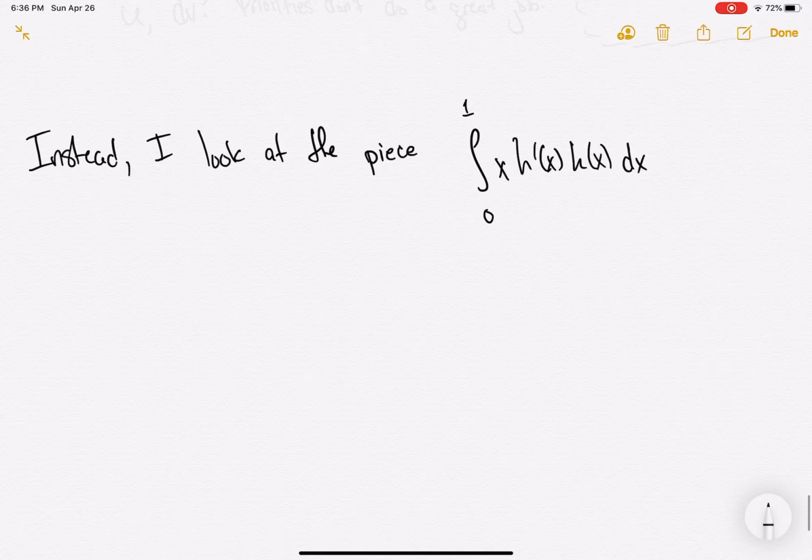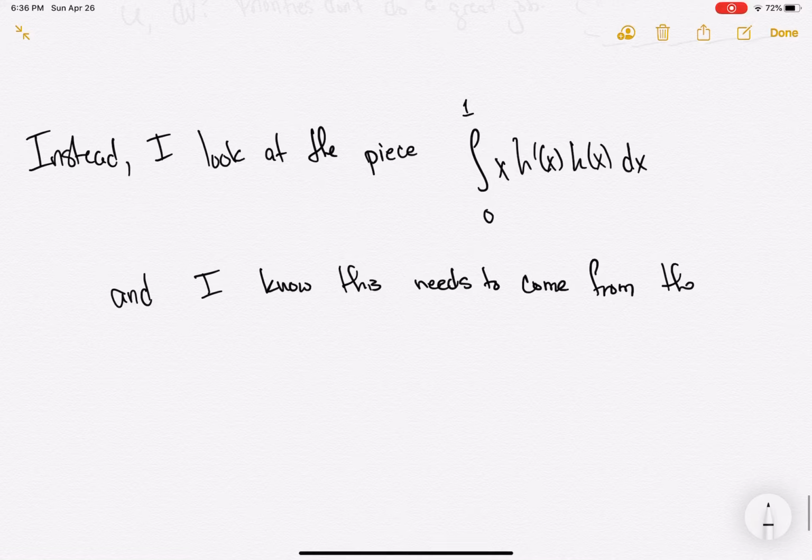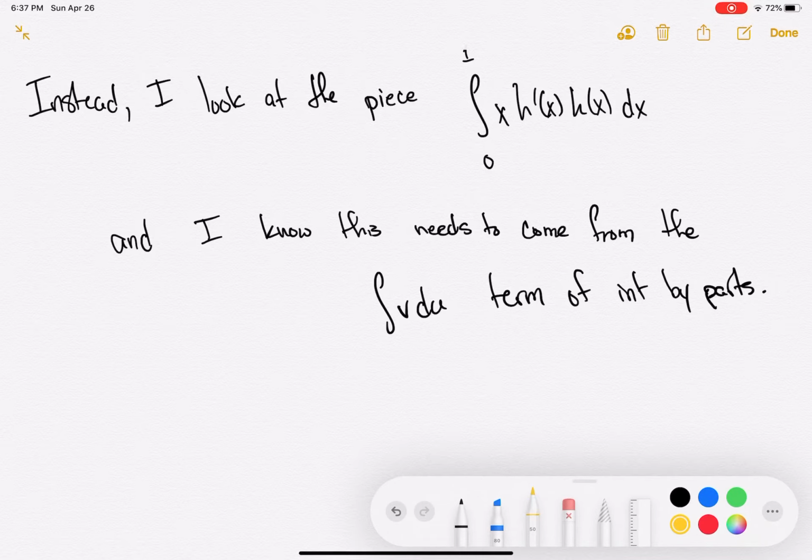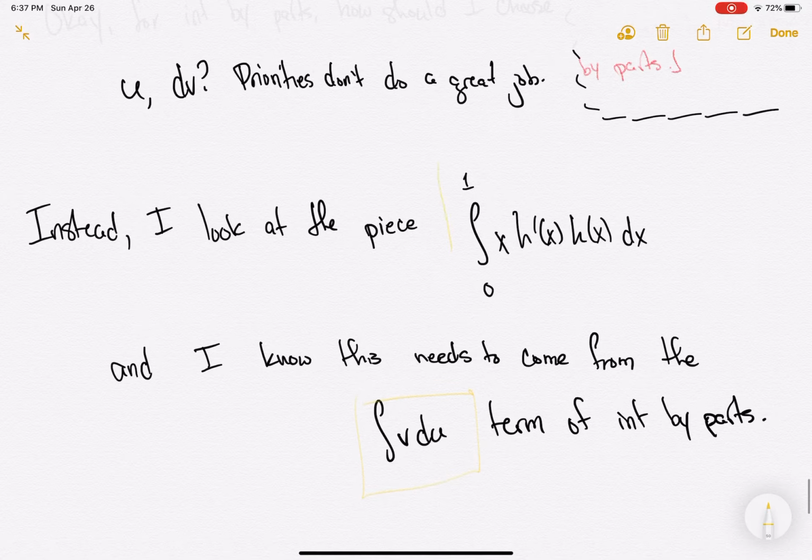And I know this needs to come from the integral v du term of integration by parts. So that's what's going on here. So I need to link this with that. These terms are playing the same role here.